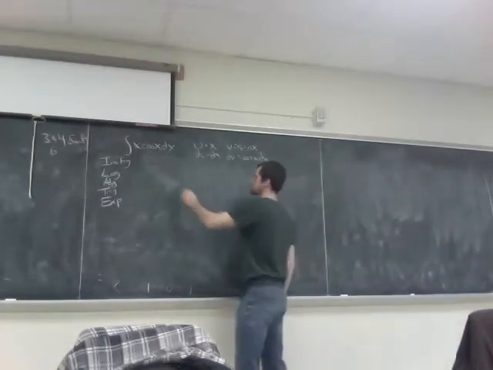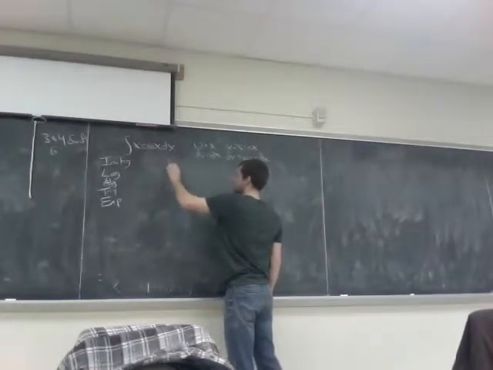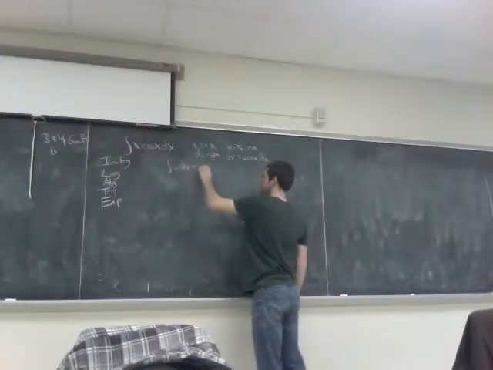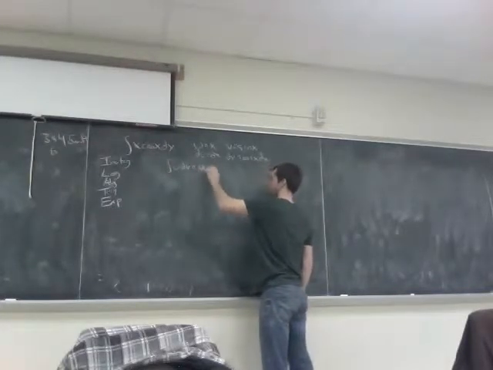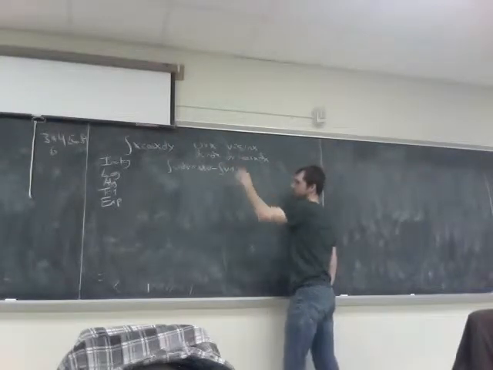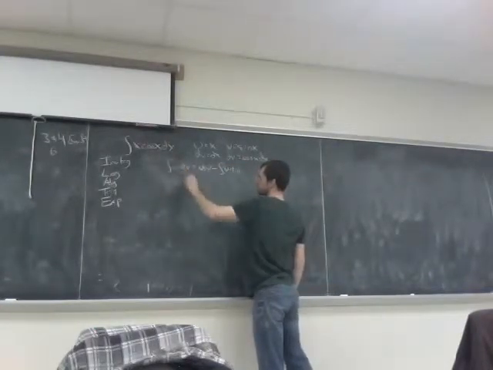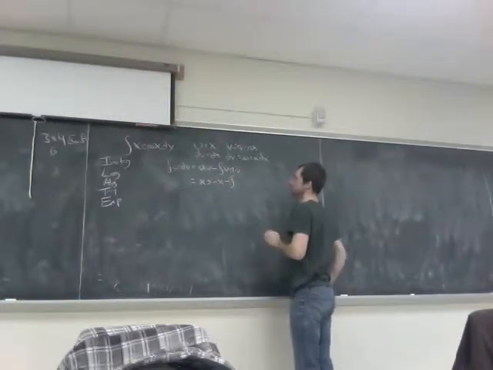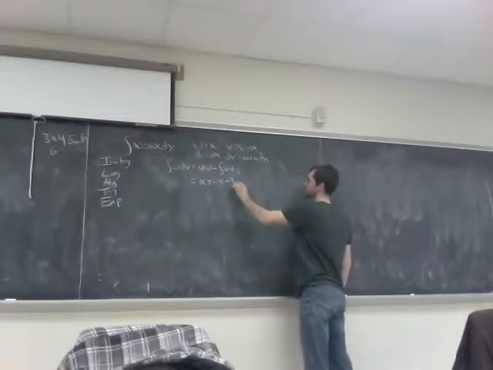So now we use, this is when we have the integral of u dv is equal to uv minus the integral of v du. So then we just plug in our pieces. This was our original, so equals x sine x minus the integral of sine x dx.